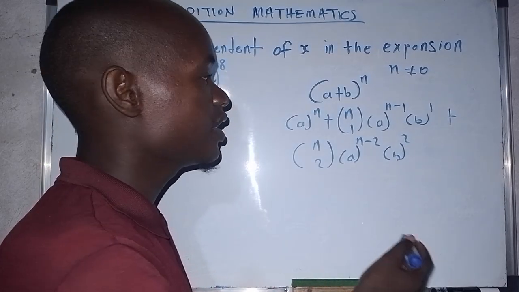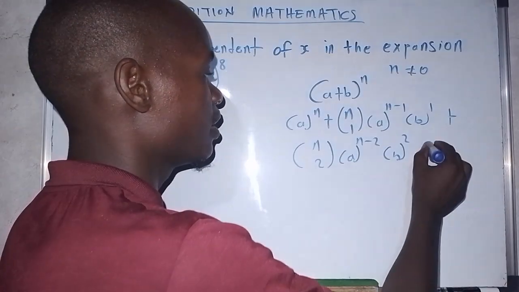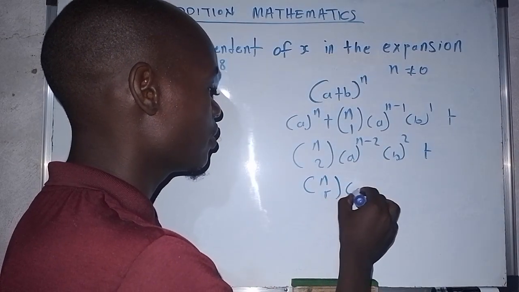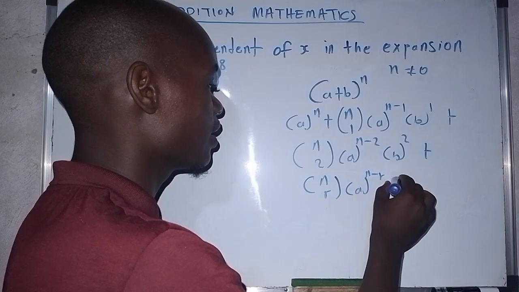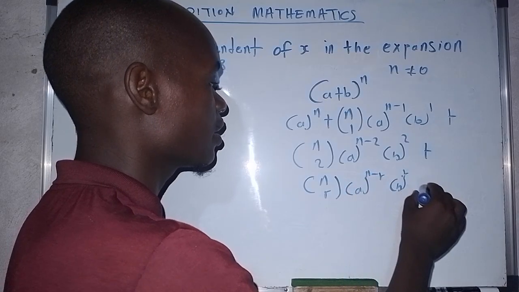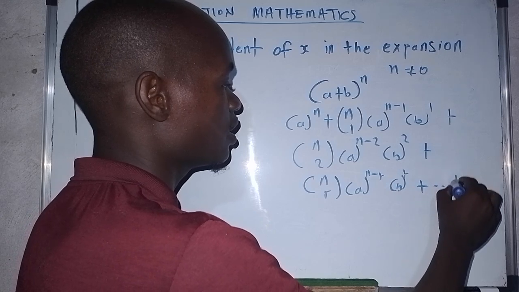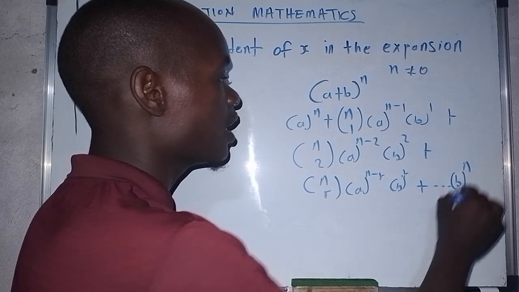If we want to change to a general term, we have nCr a^(n-r) b^r, and so on, until it ends at b^n.